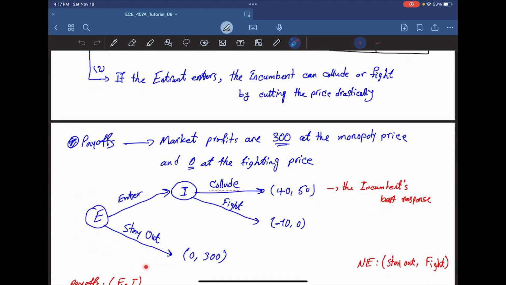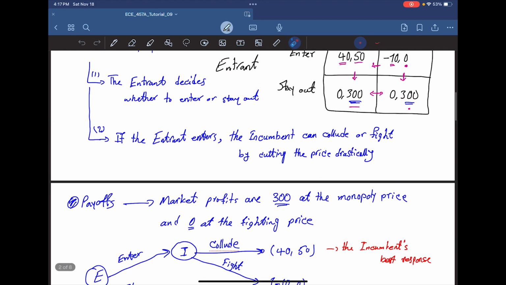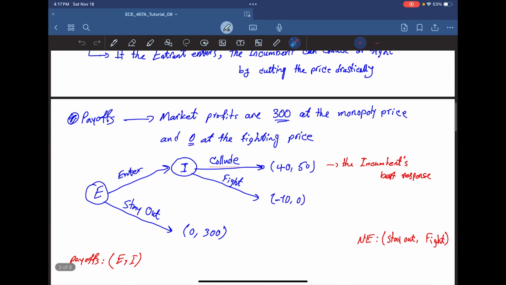This is the tree that we can create for this example. The entrant can either enter or stay out. If the entrant stays out, this will be the payoff: 0 for the entrant and 300 for the incumbent.